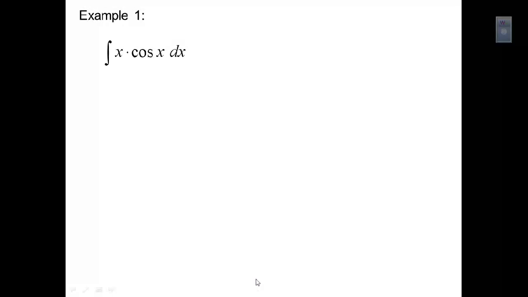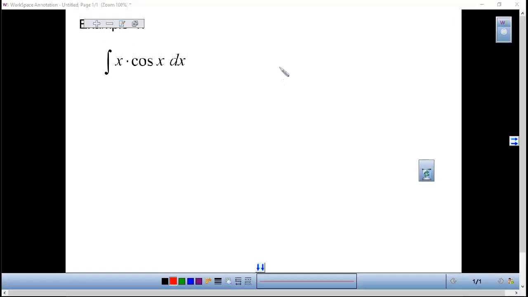Alright, so let's do an example here. We've got the integral of x times cosine x dx, and if we go through our list with LIPET, there are no logs, there are no inverse trig functions, but we do have a polynomial. Even if it's a single term, a monomial is a polynomial.